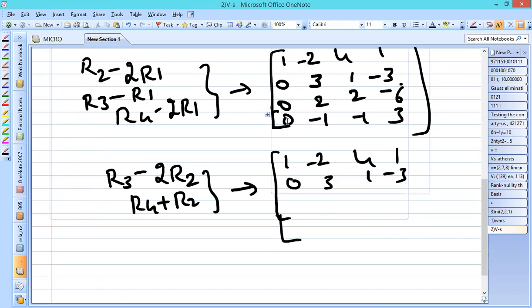Just check the various operations that you need to perform here. R3 minus 2R2. Is the answer correct? R3 minus R1, R4 minus 2R1.